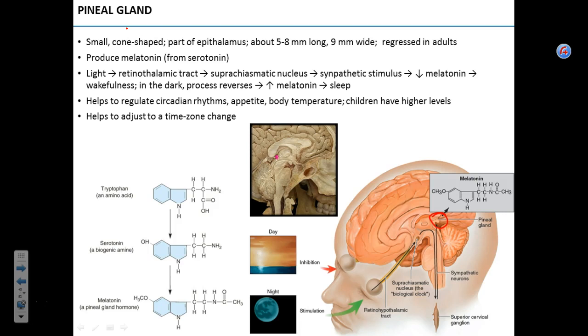When there's light, this light signal goes into the suprachiasmatic nucleus of the hypothalamus. And then the neural signaling via the brainstem inhibits melatonin production. When it becomes dark, no light, no inhibition, melatonin levels increase. You feel sleepy. That is it.